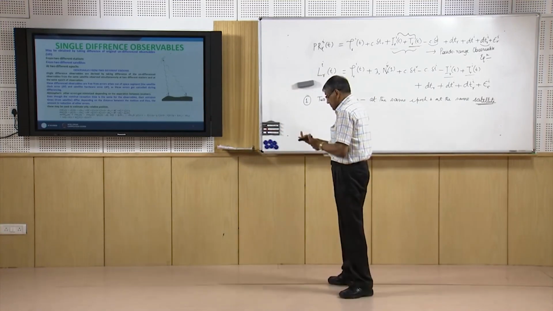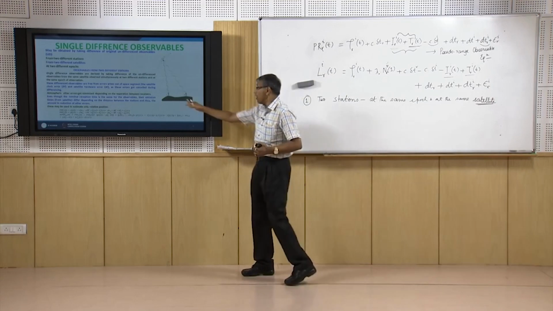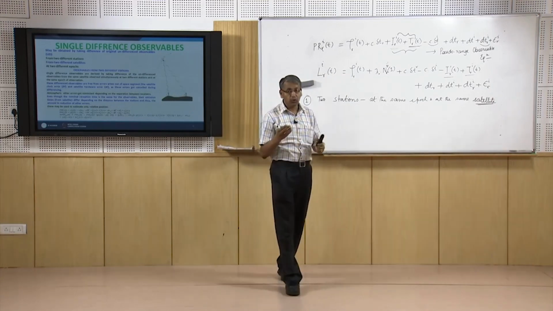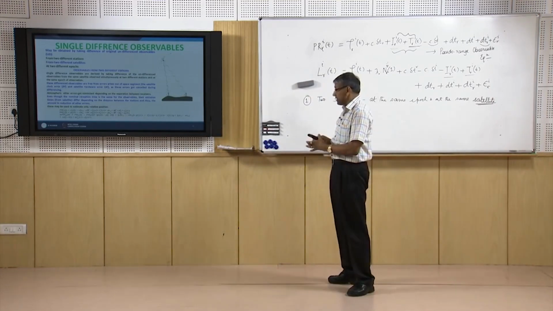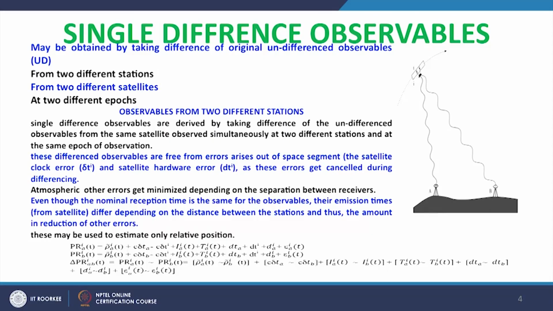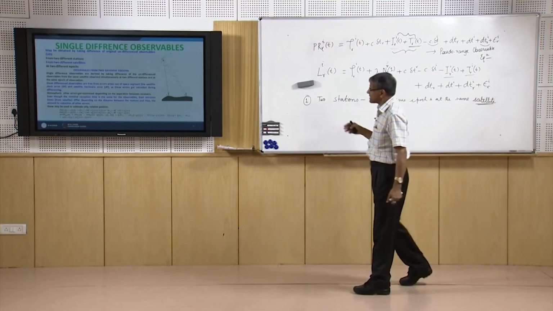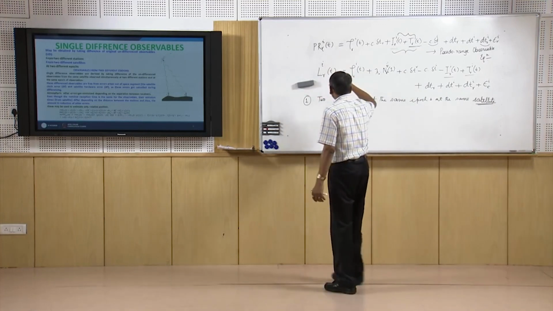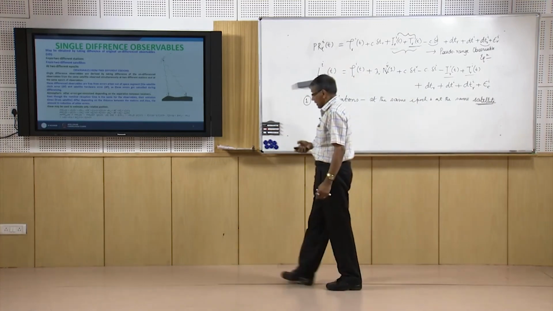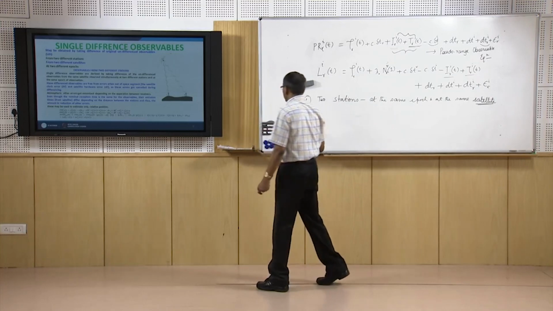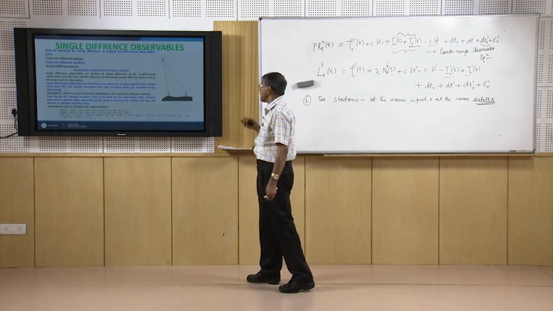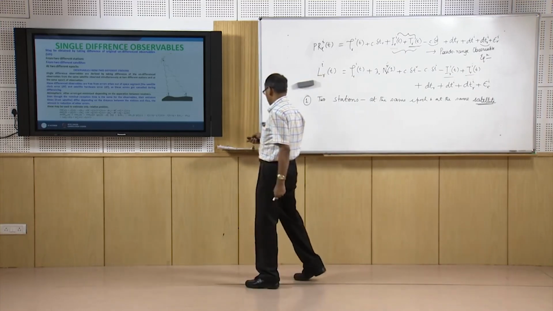If the distance between the receivers is small, say 1 or 2 kilometers, then the signals will move through an identical type of atmosphere. So the ionospheric and tropospheric errors are expected to be the same, and when we take the difference, they will cancel out. This method is generally used for relative positioning.